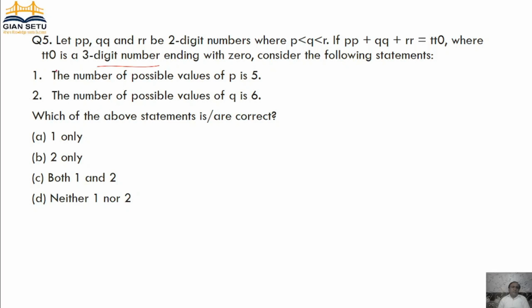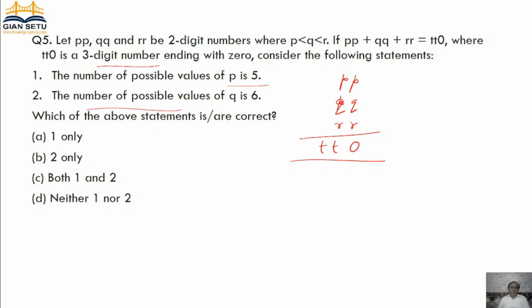Statement 1 is the number of possible values of P is 5 and the number of possible values of Q is 6. Now we are given that PP, QQ and RR, if we add all these numbers, then the result is a three-digit number in the form of TT and 0.